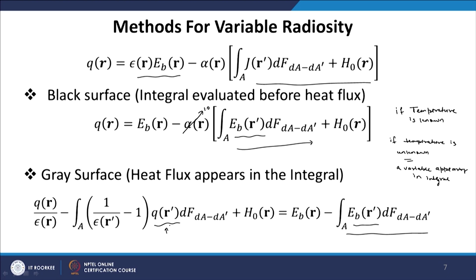So, we have what we call an integral equation in these cases when we are finding the heat flux by not dividing the enclosure into a finite number of surfaces. The good advantage of dividing the enclosure into a finite number of surfaces was to convert the integral equation into an algebraic equation, but if we do not do that, we have to solve the integral equation, and there are a number of methods to solve this equation.